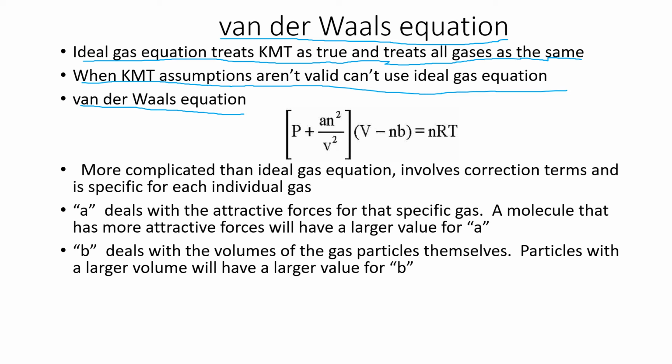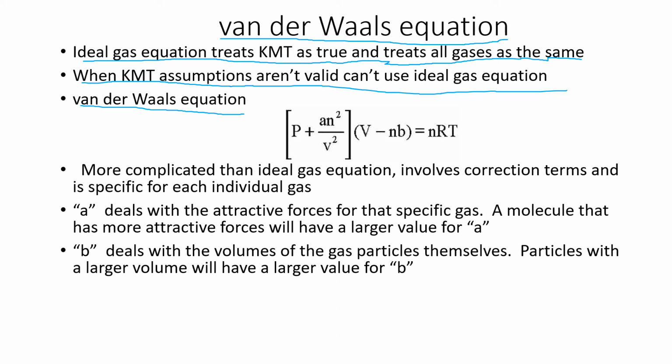Well, let's talk about that large volume. That large volume plays a really big role in deciding whether you need to use the van der Waals equation or if you can get by with the ideal gas equation. What's going to happen if the volume is very, very large?